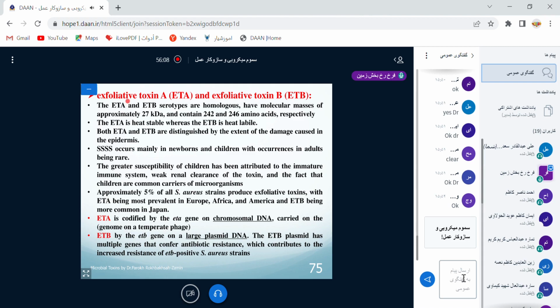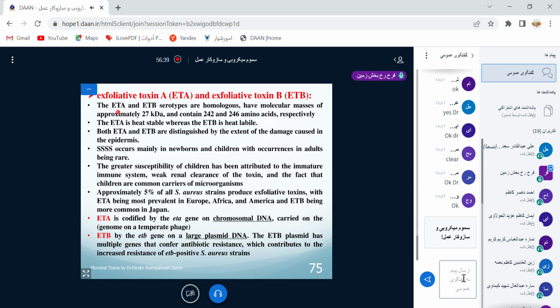So as I explained and you understood, we have many exfoliative toxins, of which two are very important in human infections: exfoliative toxin A, ETA, and exfoliative toxin B, ETB.